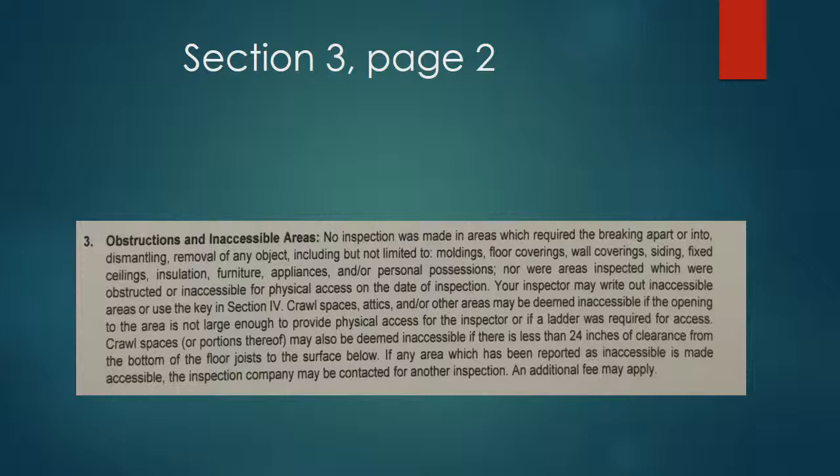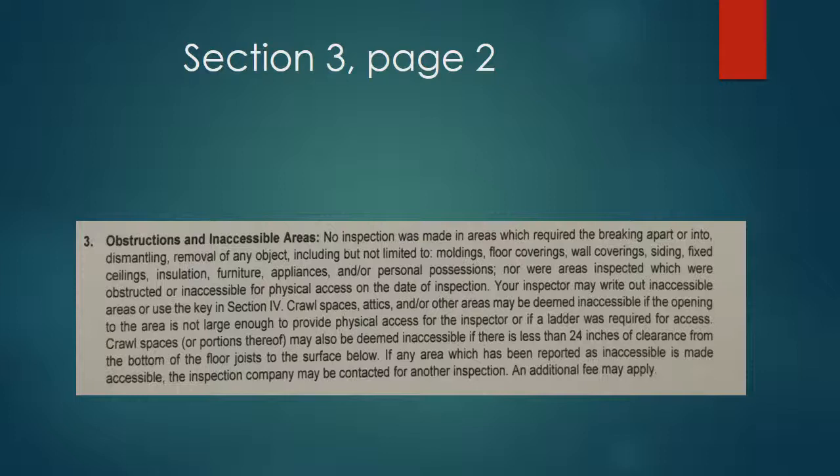Nor were areas inspected which were obstructed or inaccessible for physical access at the date of the inspection. So once again, this goes a little further with your obstructions and actually what those codes mean and how it protects you as an inspector or company.